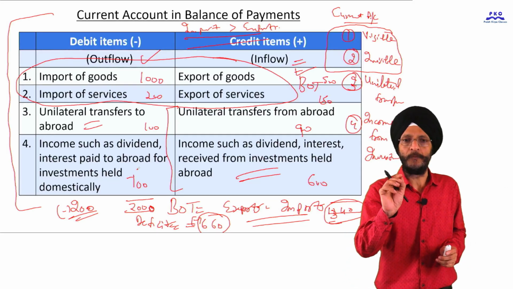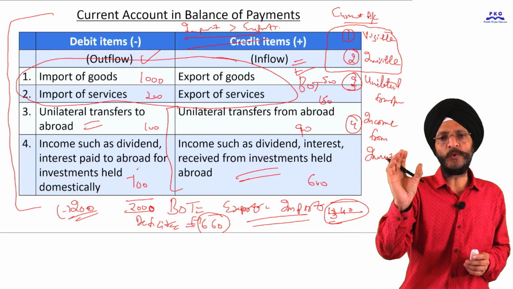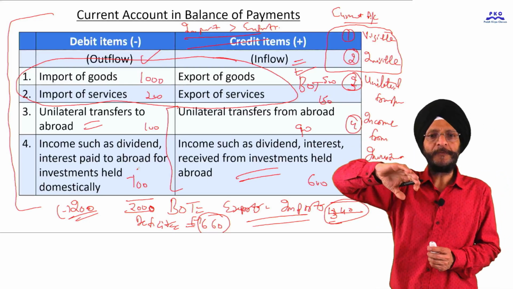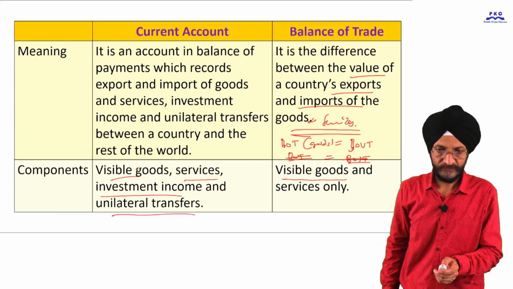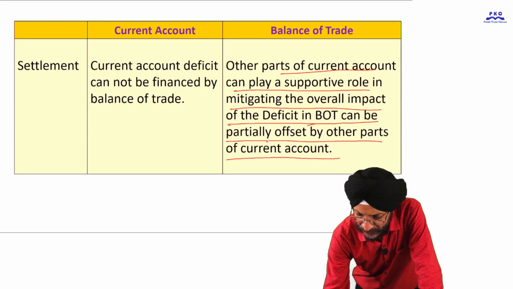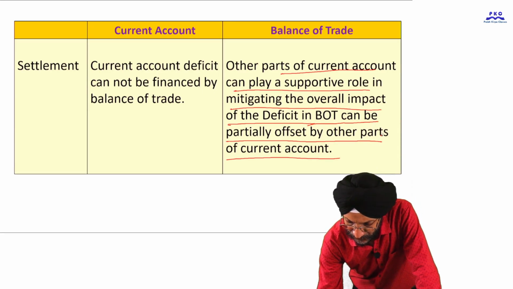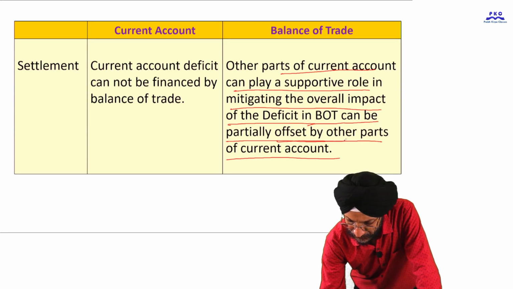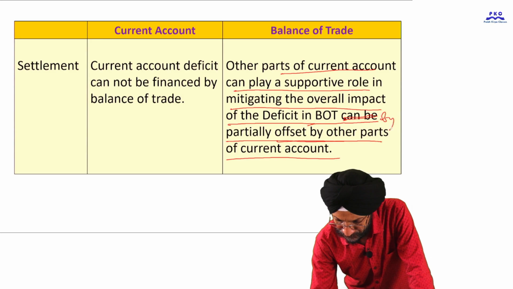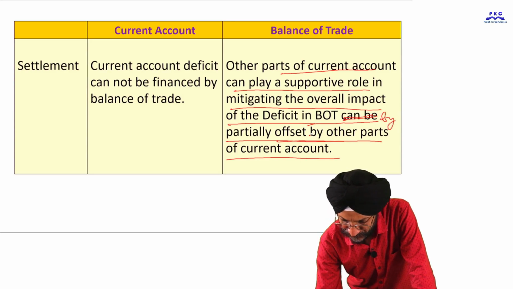No, they can play only some role, not completely wipe out the impact of negative balance of trade. We will again read: other parts of the current account can play a supportive role in mitigating the overall impact of the deficit in balance of trade by partially offsetting the same.